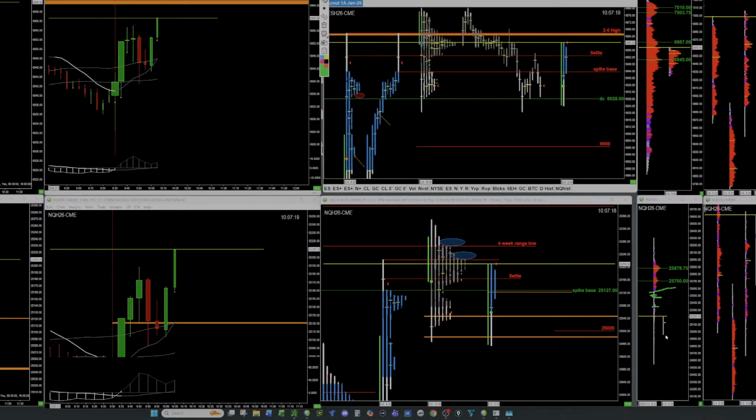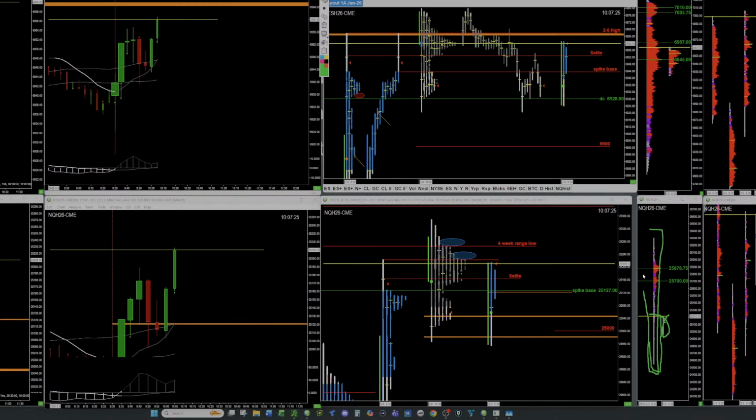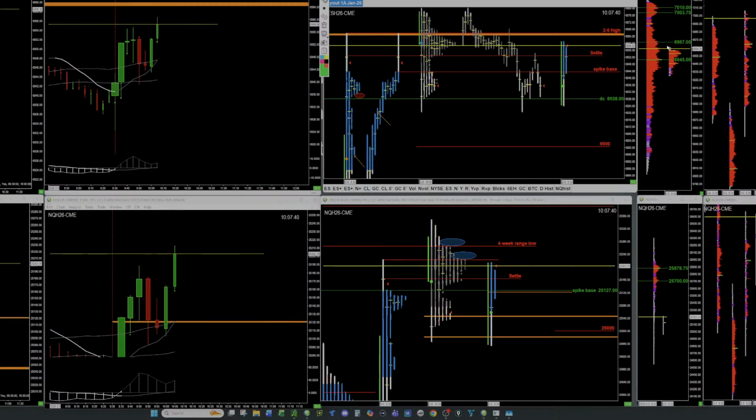Maybe 25,300 here, but this is absolutely white. I remember this one is actually a merge of basically the past 10 days. 69, 67 is the next volume node in the ES.